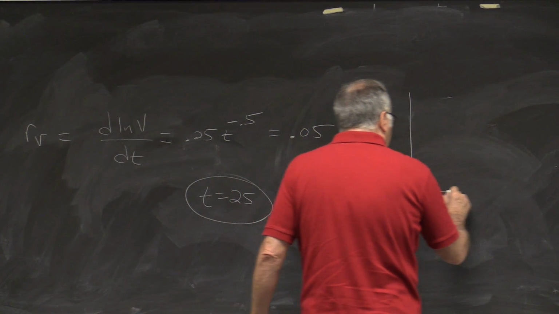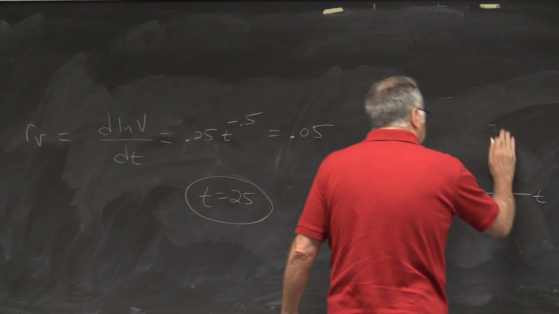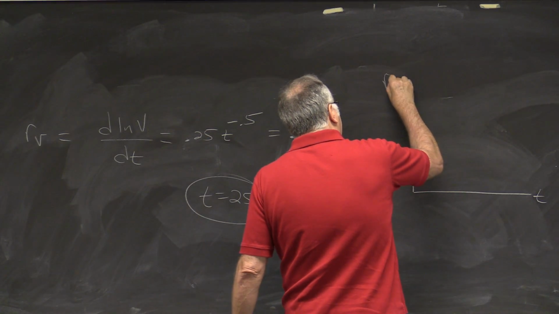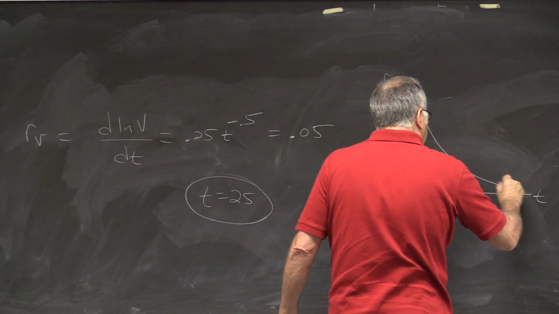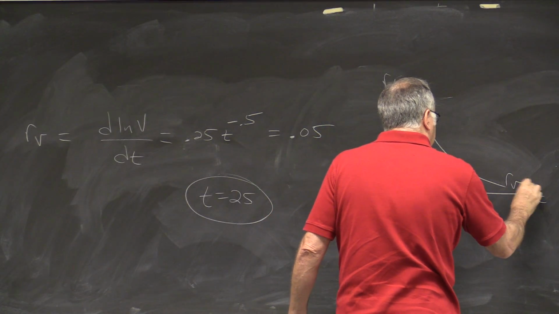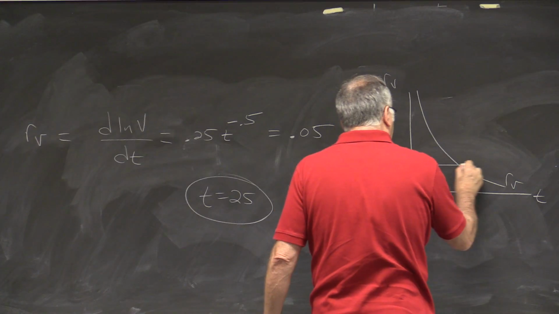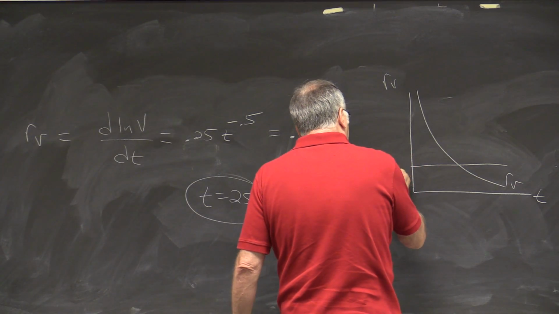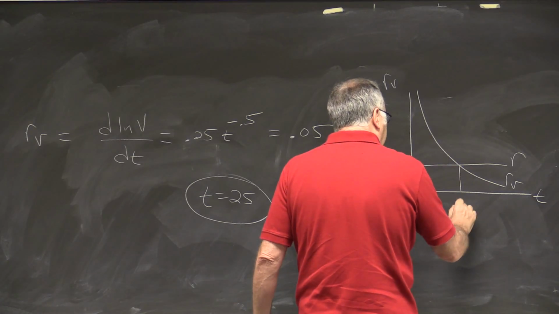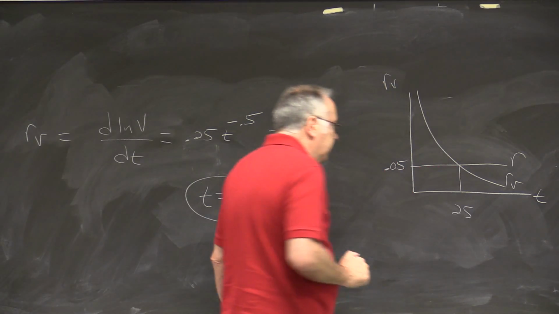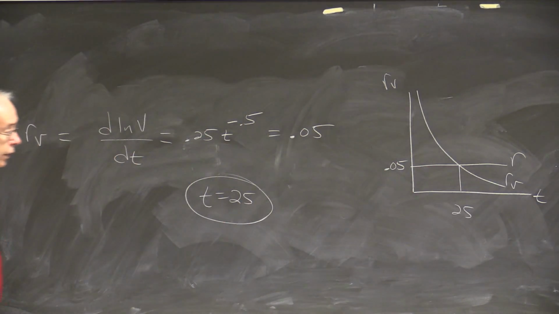If you graph the growth rate R sub B, it looks like this, and at 0.05 this crosses right at 25. So you cut down the trees again at 25 years. Okay. Any questions?